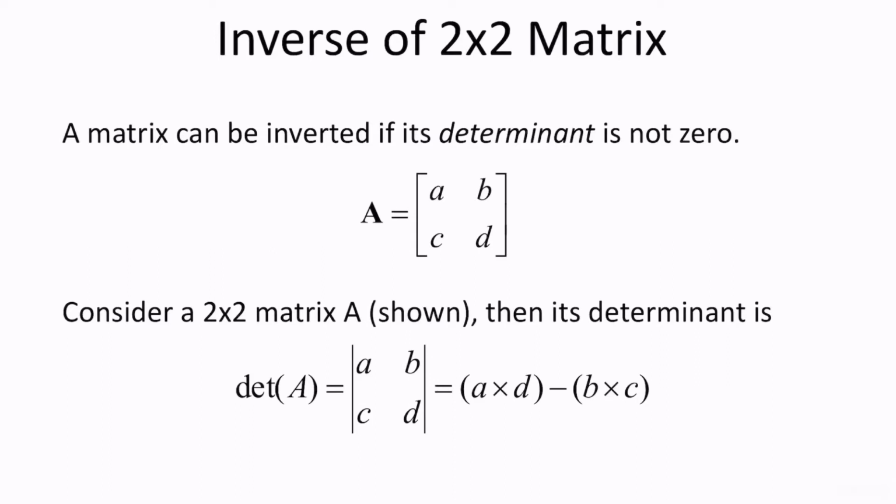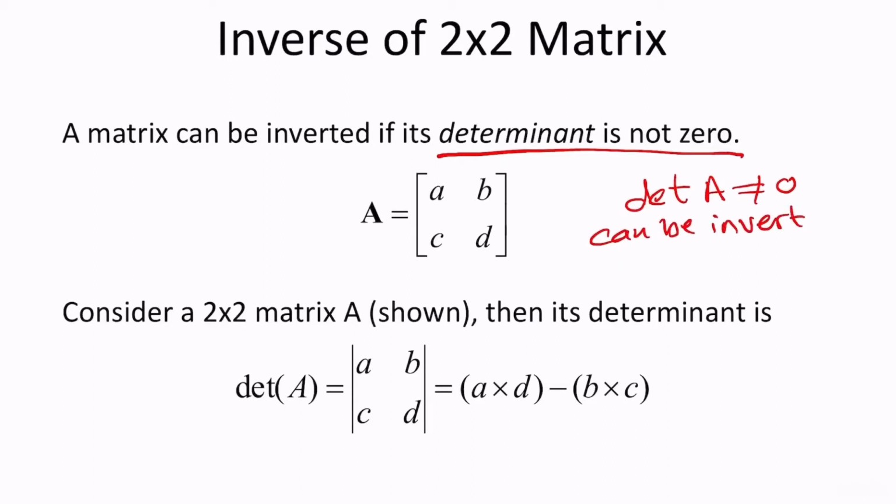If the determinant is not equal to 0, then it can be inverted. So a matrix can be inverted if its determinant is not 0. That means we can have an inverse for it.